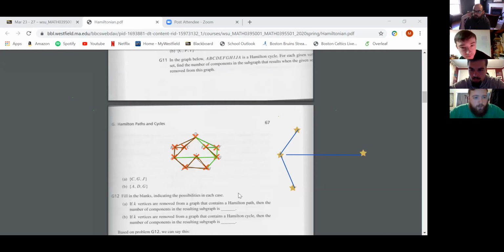Do you have any ideas for what that's going to be? Well, I can tell you it's at least 1 or 0. Yeah. So I have a graph. It's got a Hamiltonian path. I remove 3 vertices, and the maximum number of components that I'm going to see for sure is 3. You could see 3. You might be able to see more.